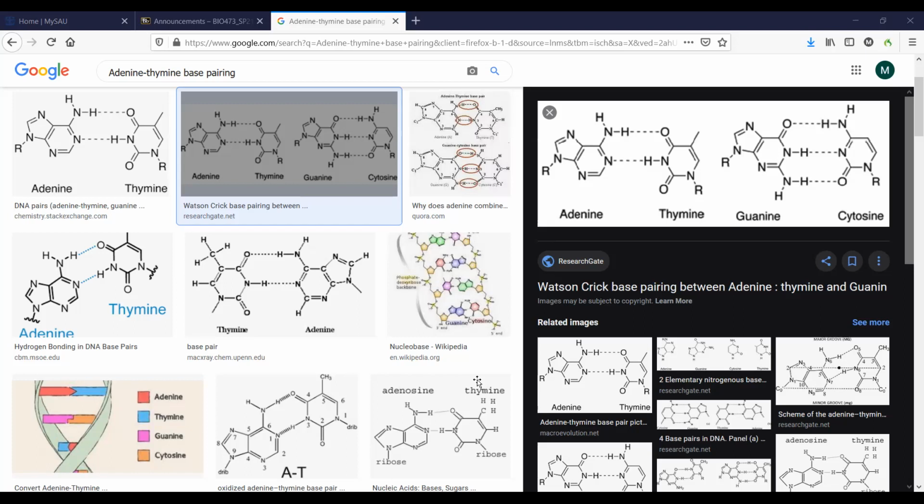Eukaryotic genes are not collinear. The reason for that is that the genes are interrupted by these sequences called introns. Those introns get transcribed, but they're removed before the RNA is translated. The removal is by a process called RNA splicing.